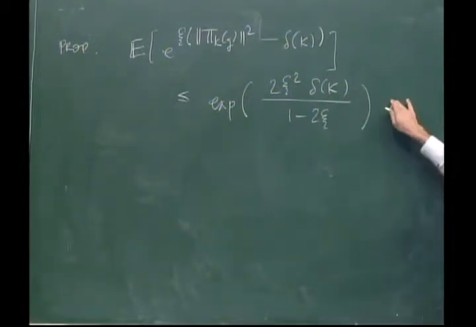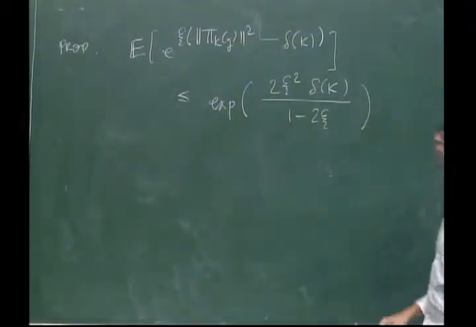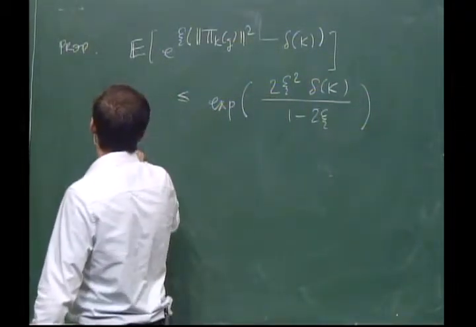So this is a relatively standard form for a moment generating function, and it leads to Bennett-type inequalities. And this follows using log Sobolev inequalities.